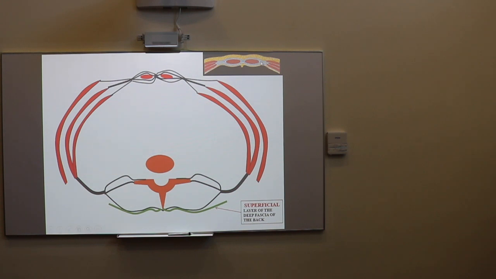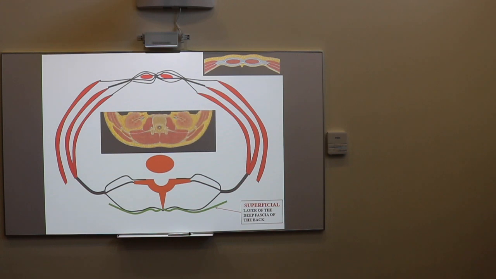Then the aponeurosis of the internal oblique will divide into two, anterior and posterior. The aponeurosis of external oblique doesn't need to divide, nor does that of the transversus. This is how things are formed.